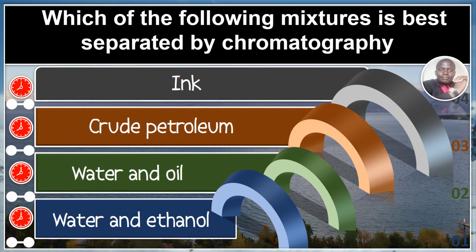Which of the following mixtures is best separated by chromatography? Ink.